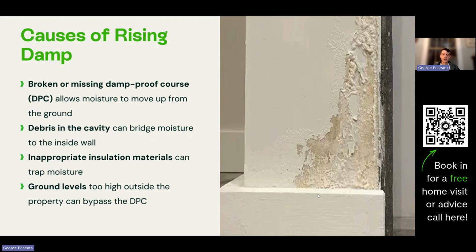But the correct diagnosis is essential before any treatment. I'll reiterate this point throughout the presentation: it's always key to identify the root cause before considering the next steps. It's the backbone of our advice, really. There are lots of solutions out there, and I will come on to those as we move forward.